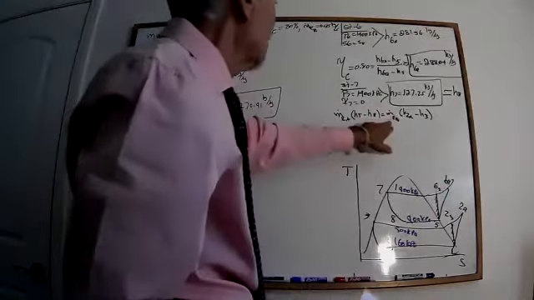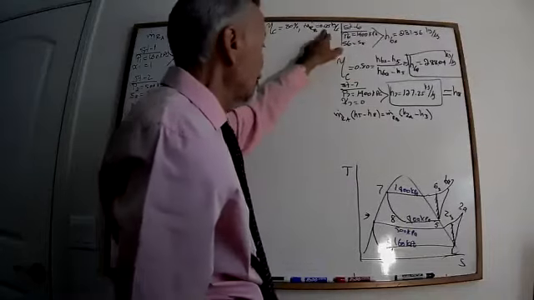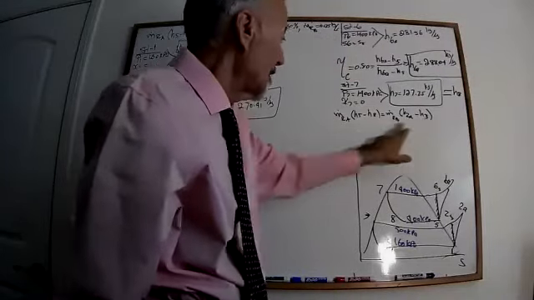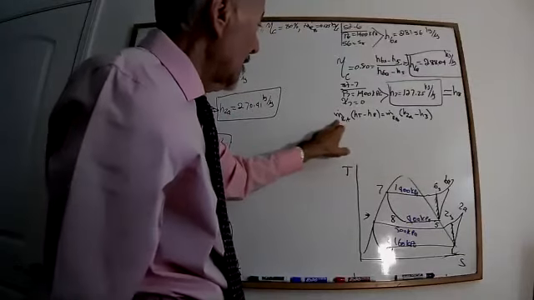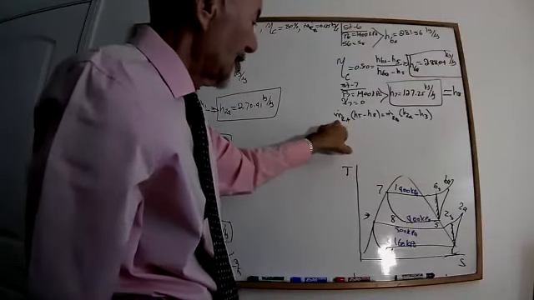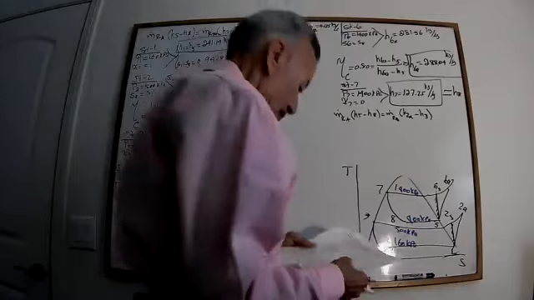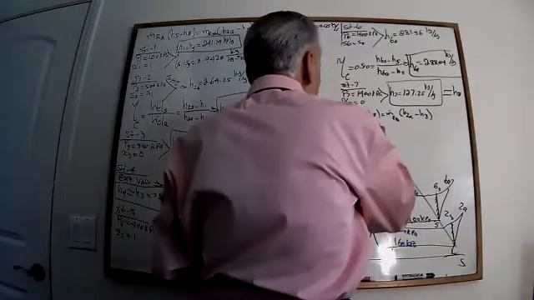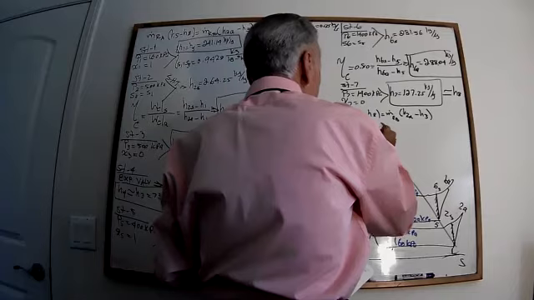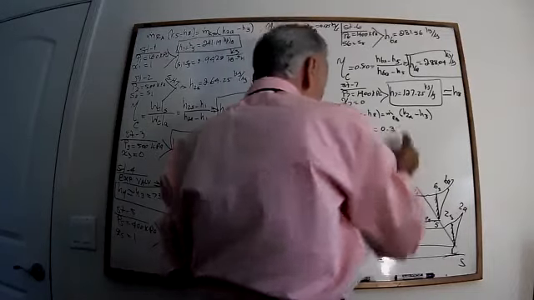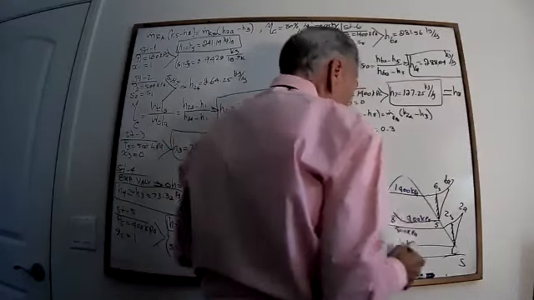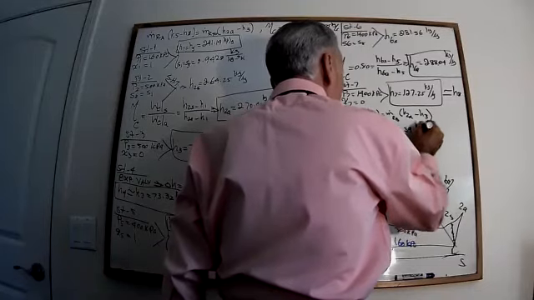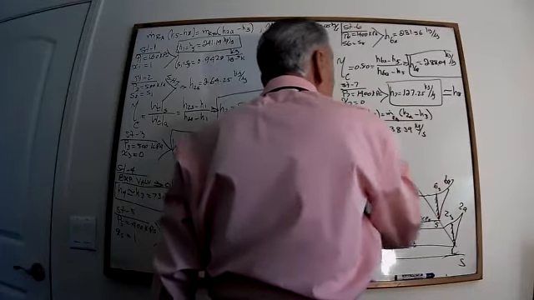Now, the mass of refrigerant B is 0.25 kilogram per second. I have H2A, H3, H8, and H5. The mass of refrigerant A would be the only unknown. So if I plug everything in, I will find the mass of refrigerant A is 0.3839 kilogram per second.